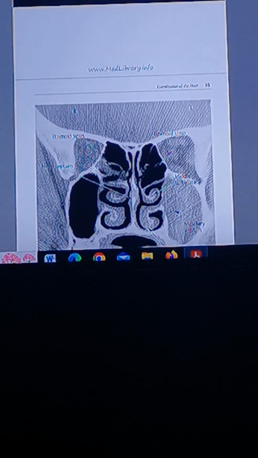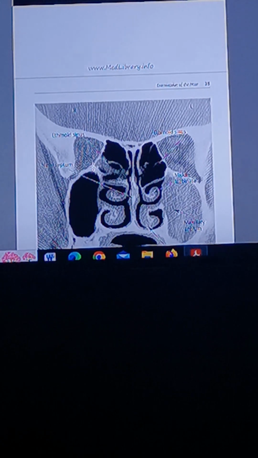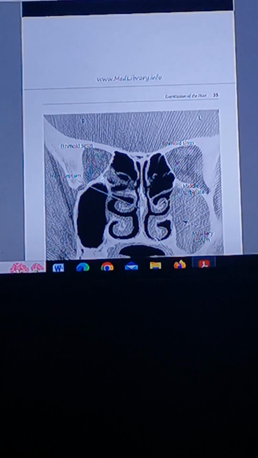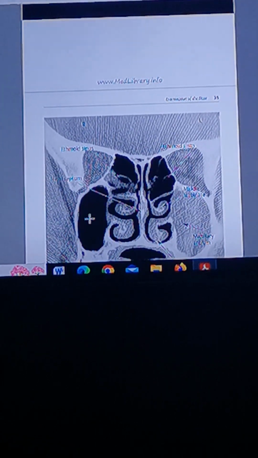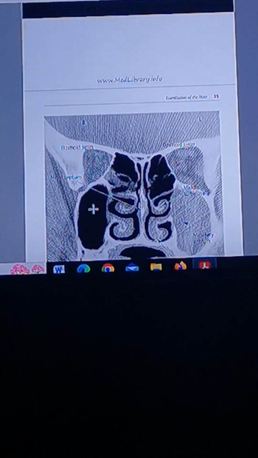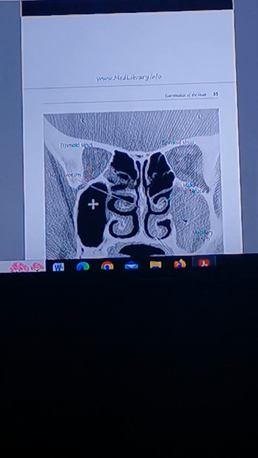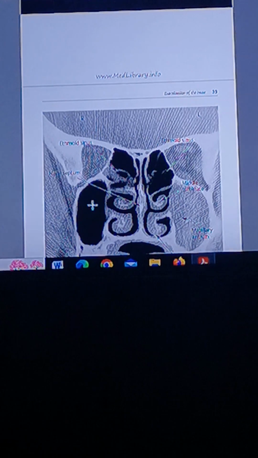If you want to describe a lesion, we should compare both sides, left and right. What we have in this film now: if you see the color of air in the X-ray or in the CT is black, it means this is healthy.